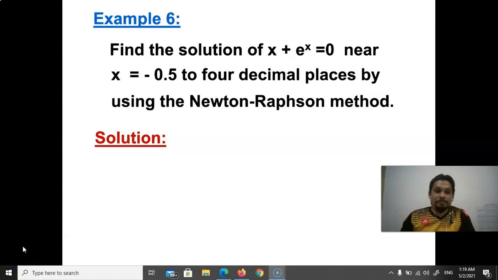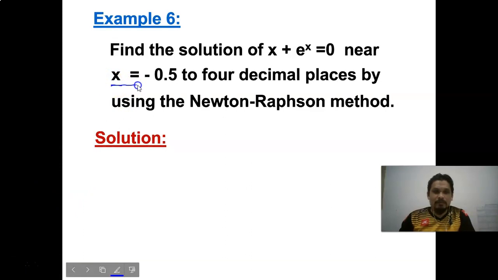Okay class, in this question, it straightaway gives you the initial value of x that we are going to use to find a better approximation. Let's say this value of x is not given to us in the question, then we test between x equal to negative 1 and x equal to 0.